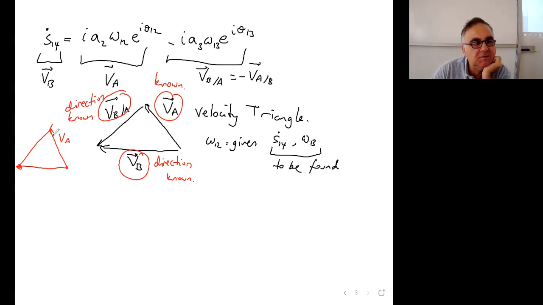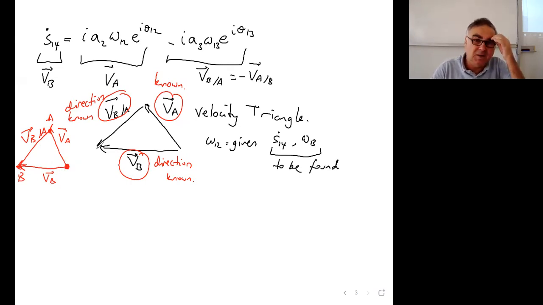So their intersection will give you the following. VB and VA are absolute vectors, so they start from a common fixed position. But VB relative to A is a relative vector, so it starts from A and goes towards B, in the velocity triangle.